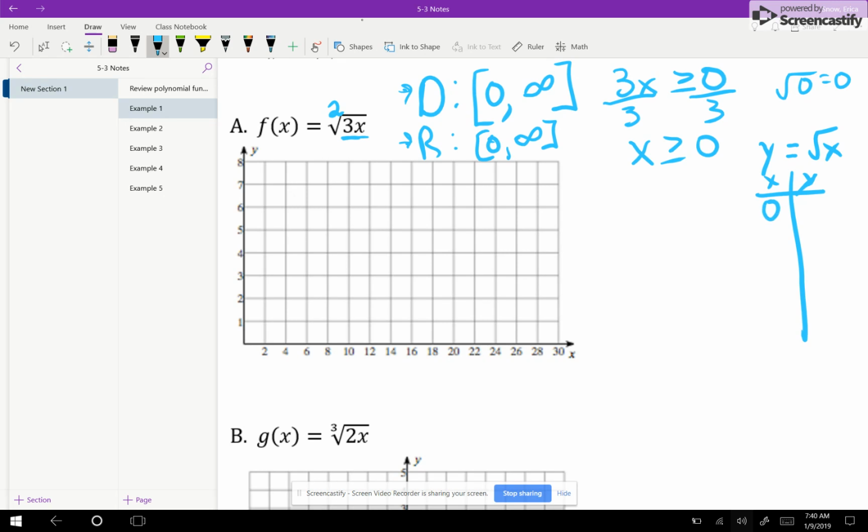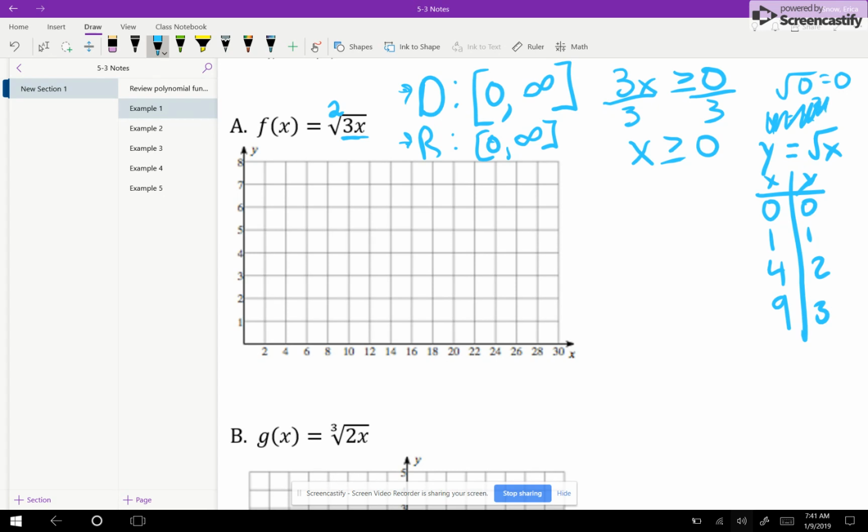So 0 is 0 squared, 1 squared is 1, 2 squared is 4, 3 squared is 9. So you're thinking of this backwards. We call these inverse functions. So y equals square root of x and y equals x squared are inverses of one another.